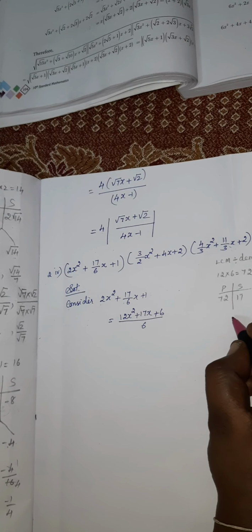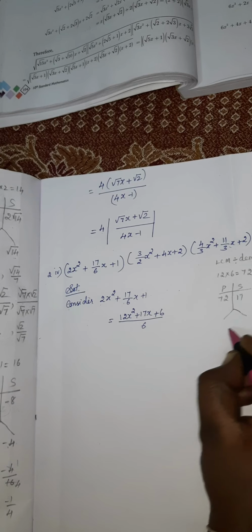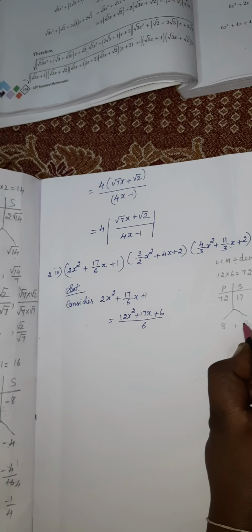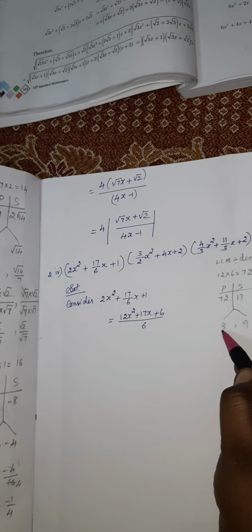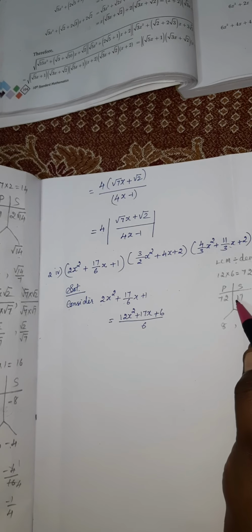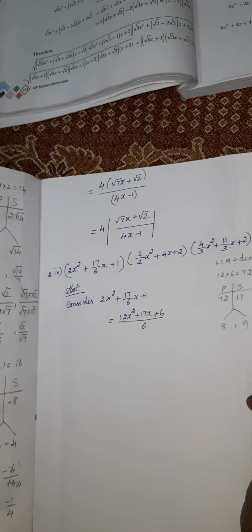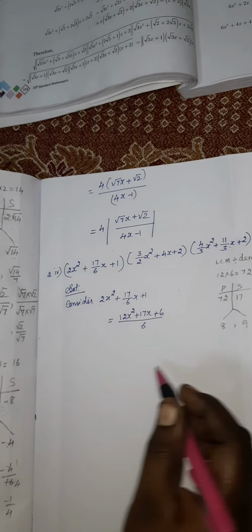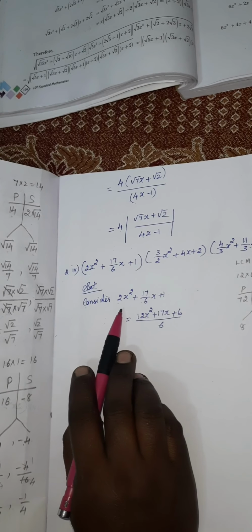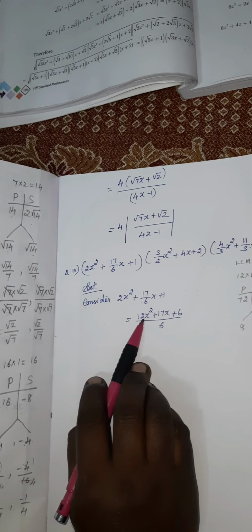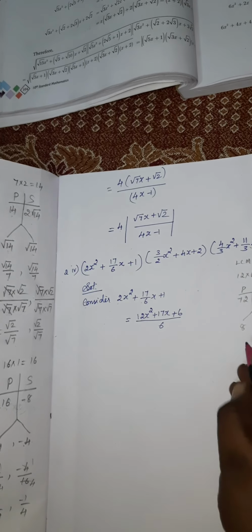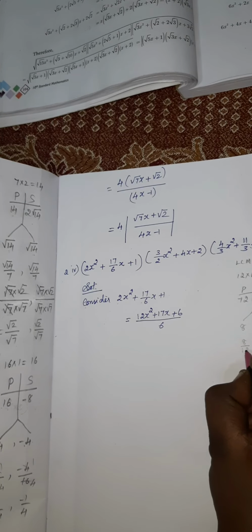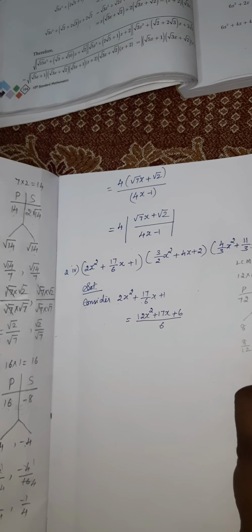So which are the suitable factors? By trial and error you find it is 8 and 9. 8 nines are 72. Then when adding, both signs are the same, so the sum is also positive: 8 plus 9 is 17. So you get the suitable factors. Now, in the numerator, the coefficient of x² is 12, so you need to divide by 12: 8/12 and 9/12.